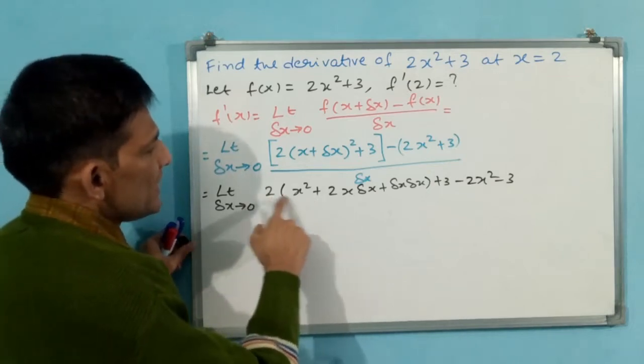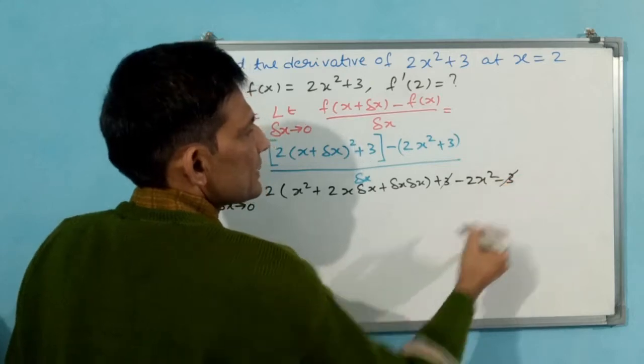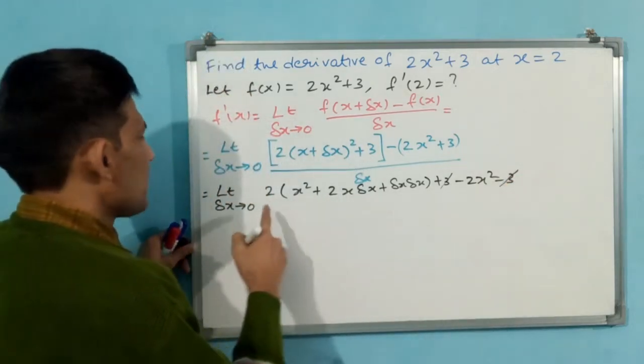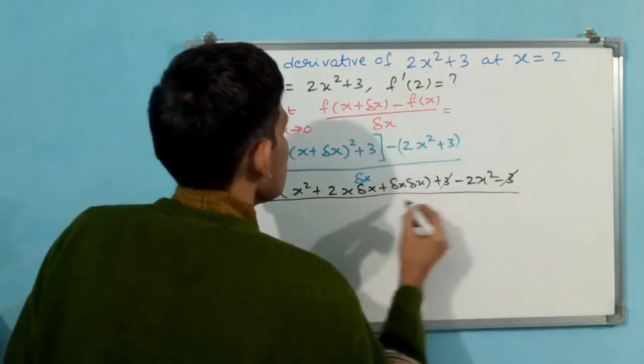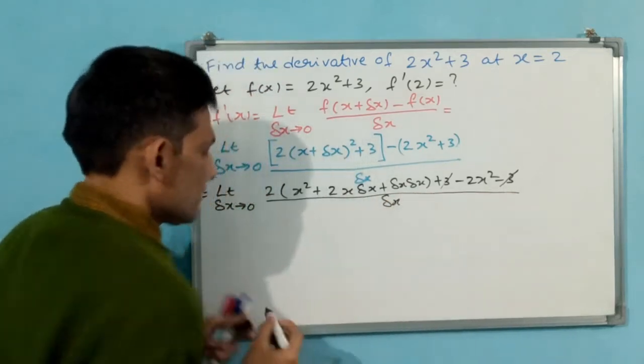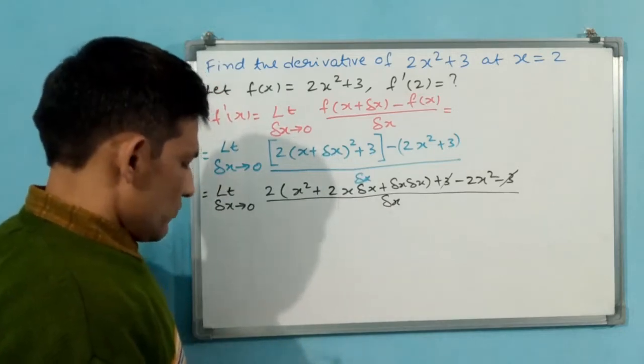Before sending to 3 itself, here it is cancelling. First cancel this 3. Afterwards we will cancel out this 2x square. In the next step we will cancel out 2 square also.